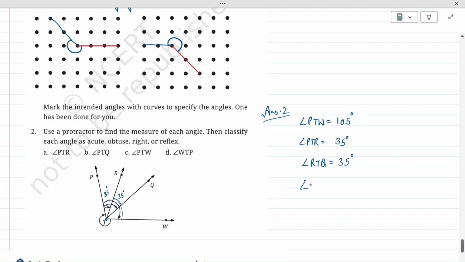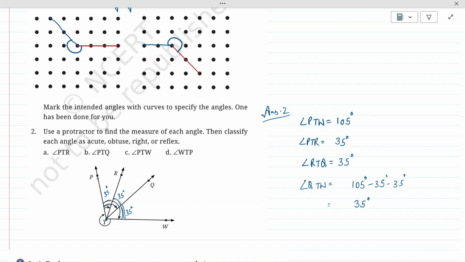You can also measure it, but we can also find it. So this is 105 degrees minus 35 degrees minus 35 degrees, which is again 35 degrees. So my angle QTW will also be 35 degrees. Okay, so I can also write that this angle is 35 degrees, complete is 105.